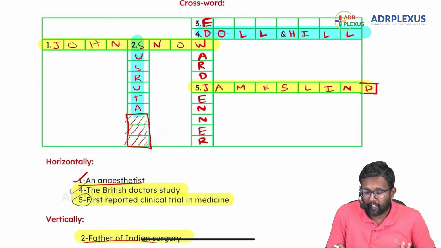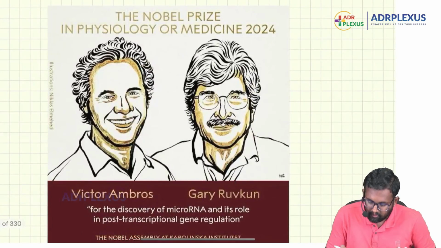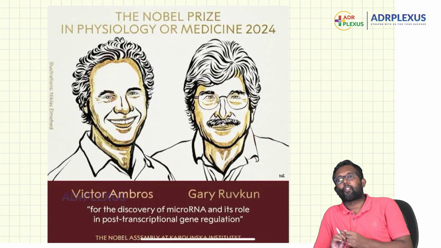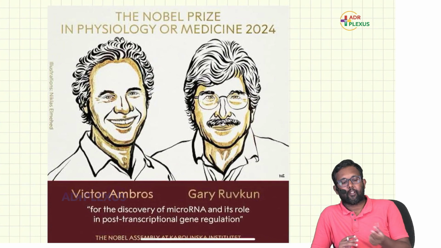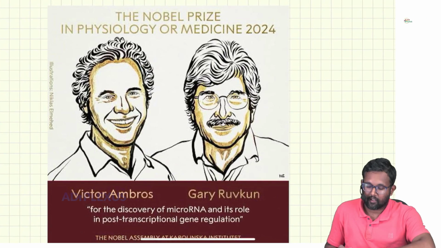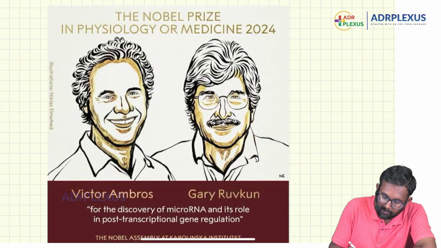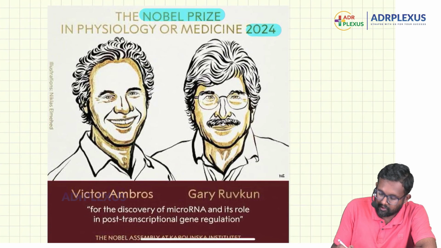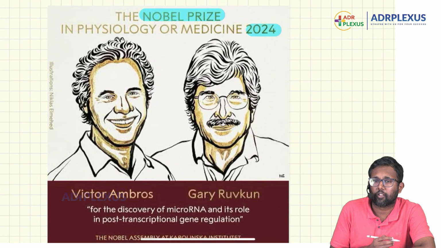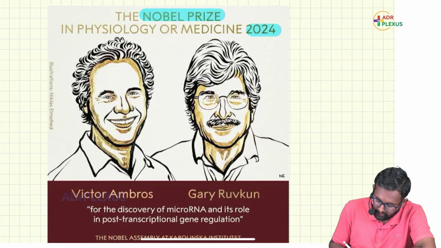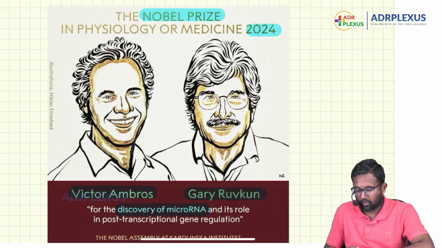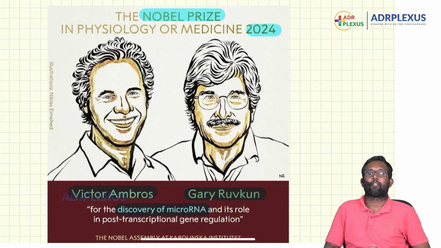The concept of health and disease. So this is a recent update. If you want, you can note it down. Who was awarded the recent Nobel Prize? The recent Nobel Prize in 2024 was given for the discovery of microRNA to these two scientists, Victor Ambros and Gary Ruvkun.